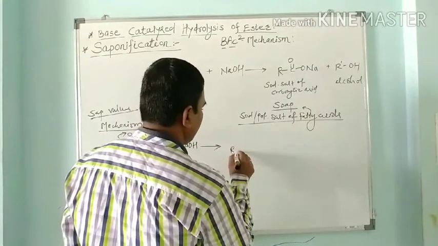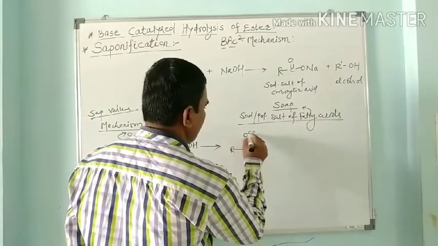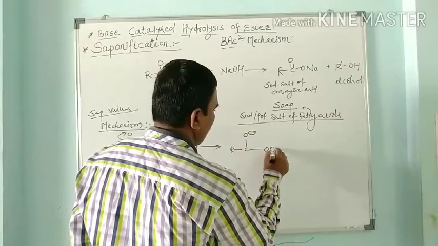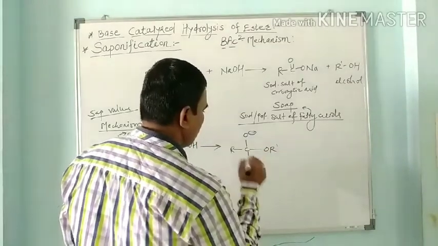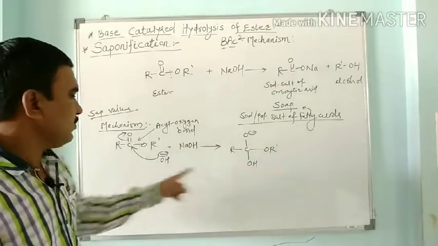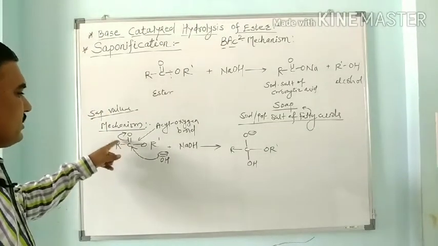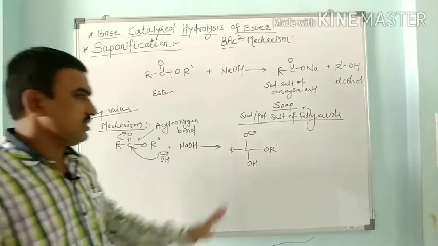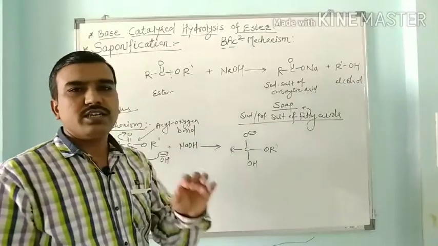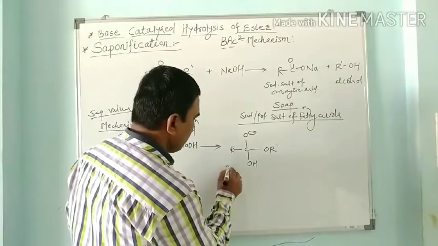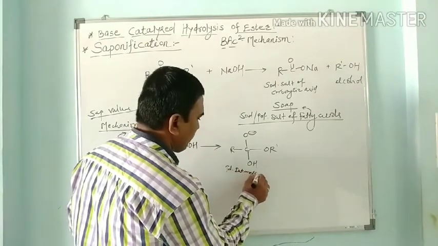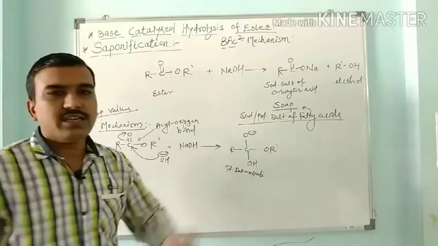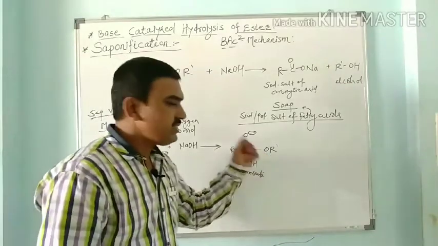Now I write the tetrahedral intermediate directly here. So this is R, this is C, O minus, this is OR dash, and now this is OH. So this nucleophile OH is attached to this carbon, and electrons shifted to the electronegative oxygen. So we get an oxyanion. This is the tetrahedral intermediate. Now this tetrahedral intermediate eliminates the alkoxy group.